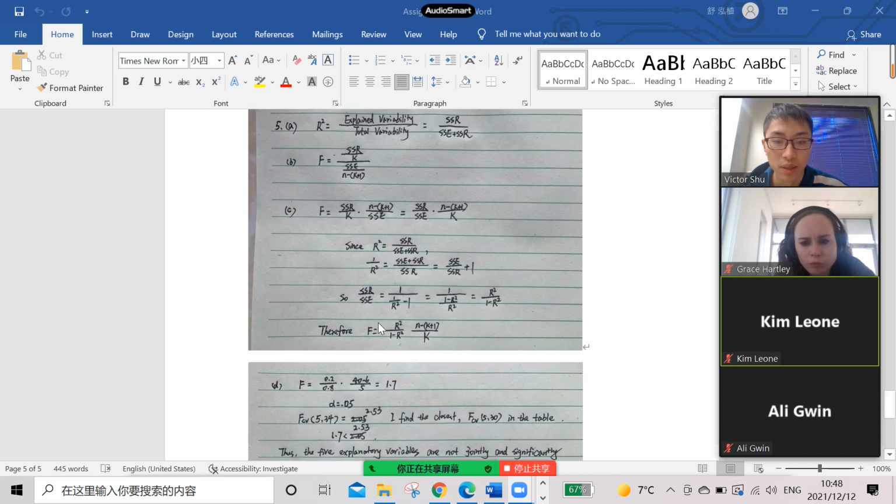If you look at the answer for part C, what you're going to prove is F equals r squared divided by 1 minus r squared, times n minus k plus 1 divided by k.